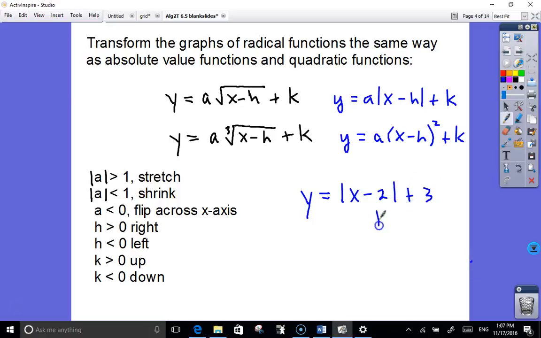You know, we said when it's minus inside, it goes to the right. But if it's minus inside, that means the h is positive, right? Because the minus is part of the formula. So when h is greater than 0, it goes to the right. When h is less than 0, it goes to the left. If the k is greater than 0, it goes up. If the k is less than 0, it goes down.